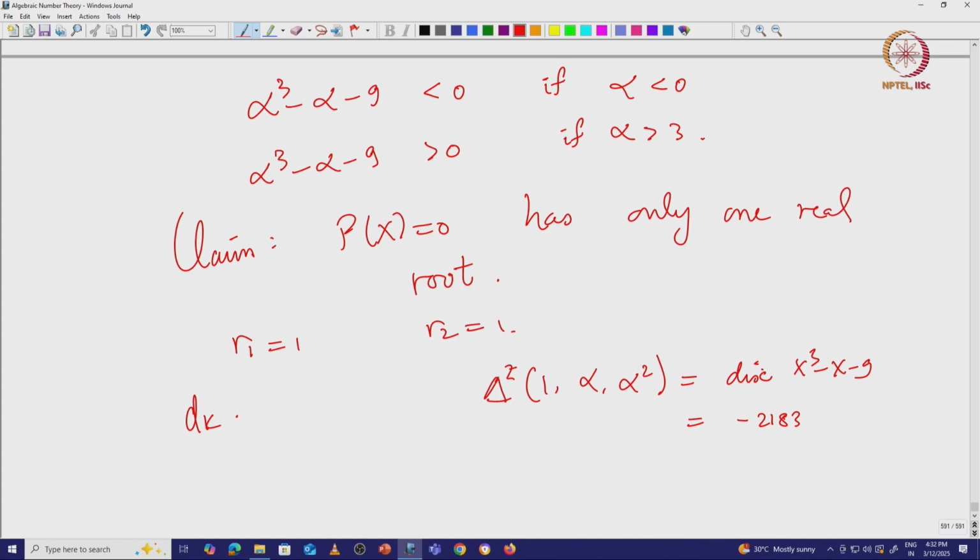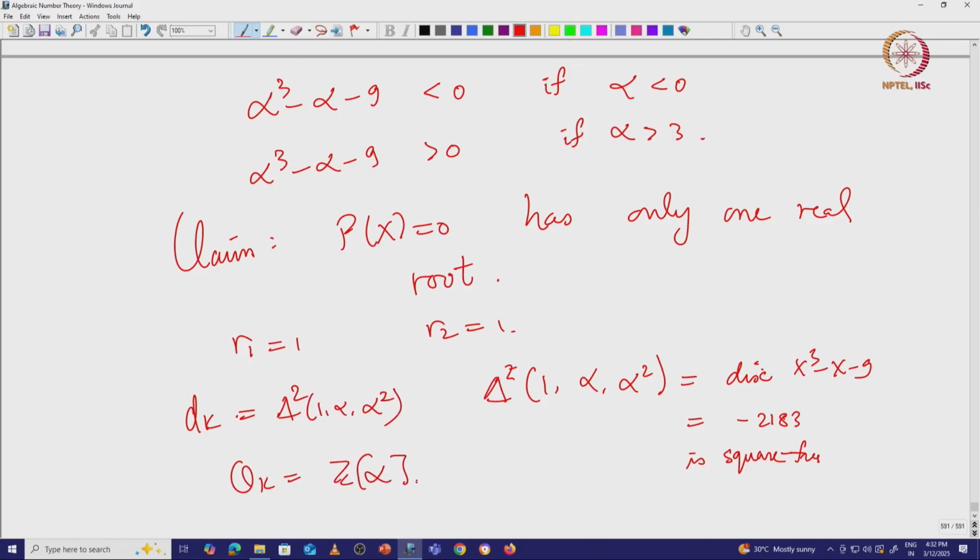And this is square free. Okay. So, hence this is equal to delta squared of 1, alpha, alpha squared, and O_K is Z[alpha].